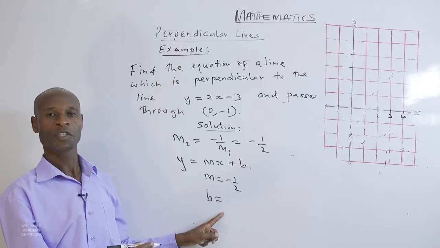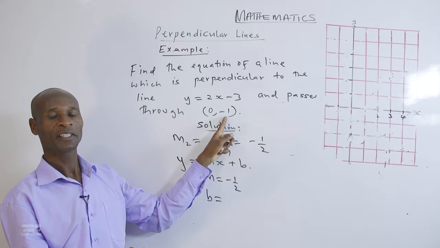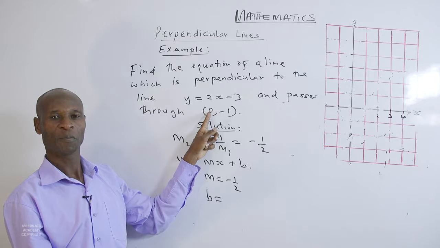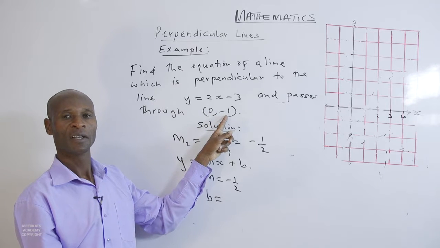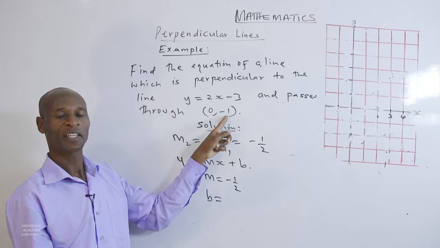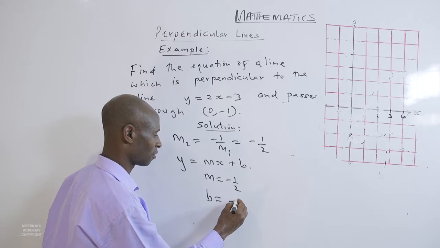B, which is the y-intercept, from the point here, is -1 since the x-coordinate is 0. And we did mention that when the x-coordinate is 0, the point is the y-intercept. So in this case, our y-intercept will be -1.